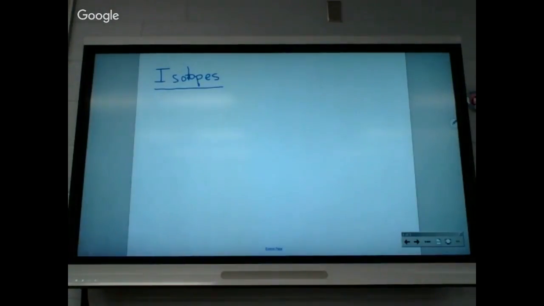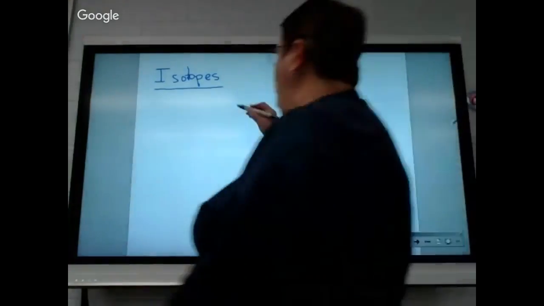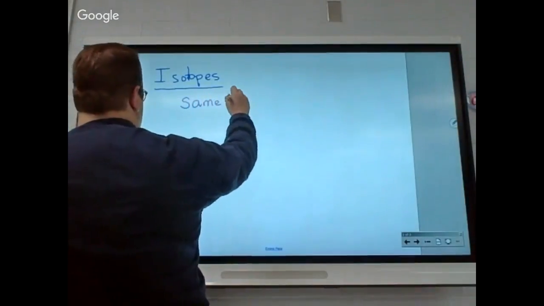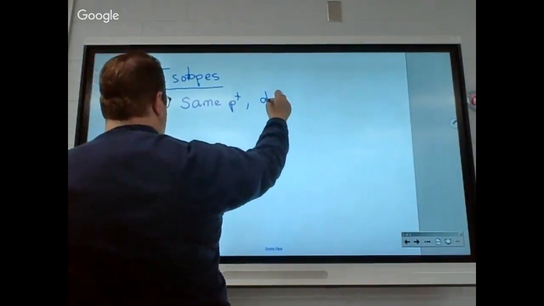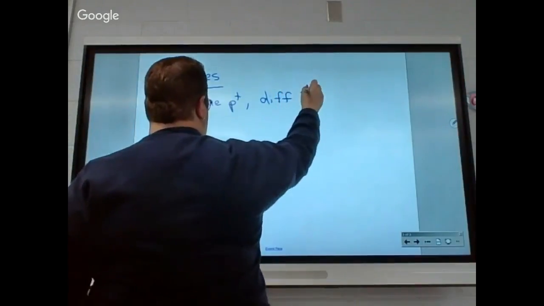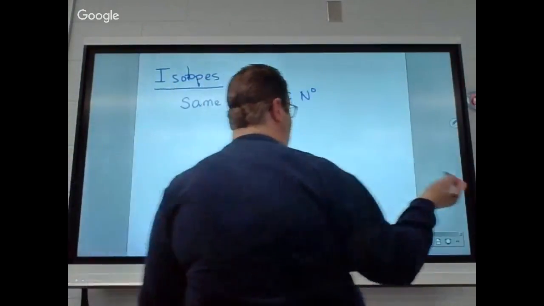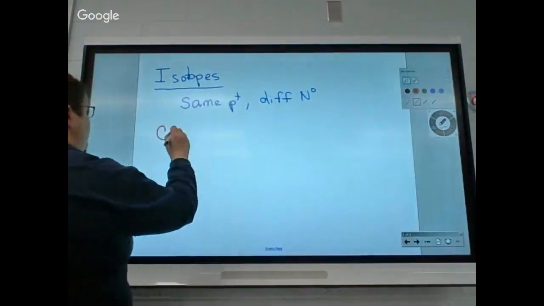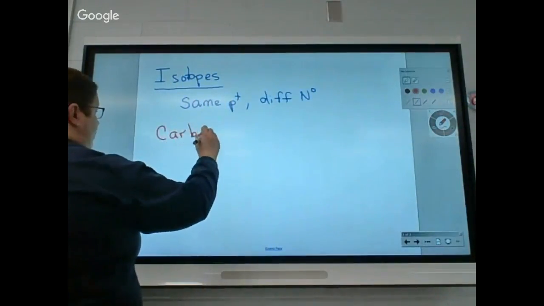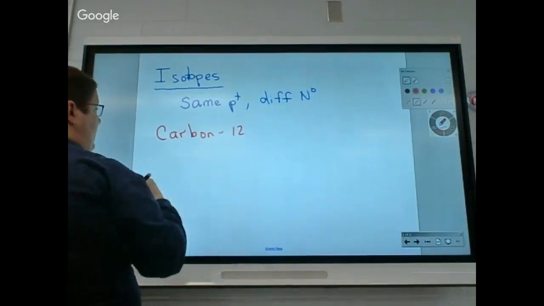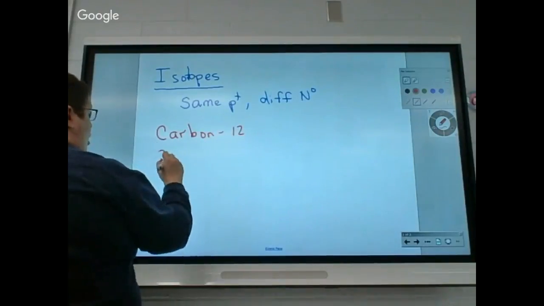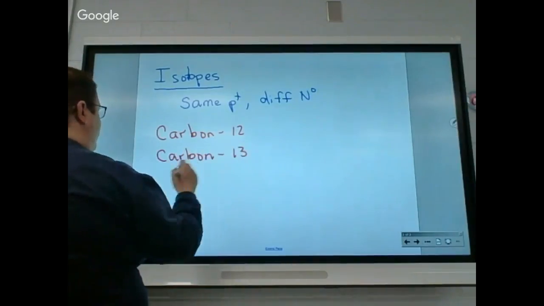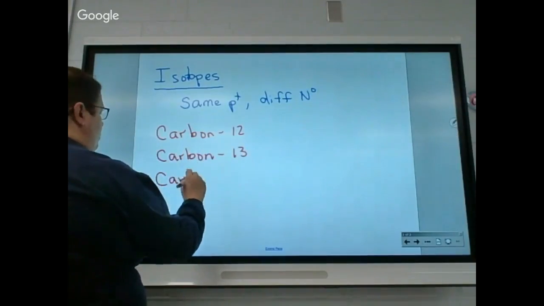All right. So in an isotope, you have the same protons, but you have different neutrons. The example I gave you yesterday is carbon 12. And the other example I gave you is carbon 14. But carbon actually has 3 isotopes.